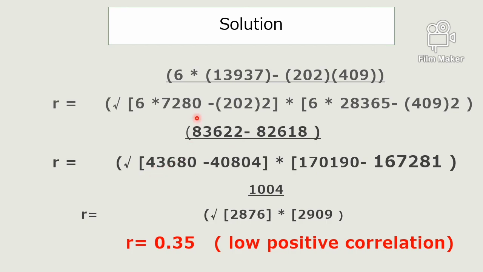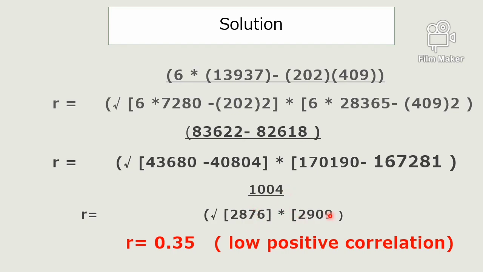You will get 1,004 on top, and below, 2,876 times 2,909.